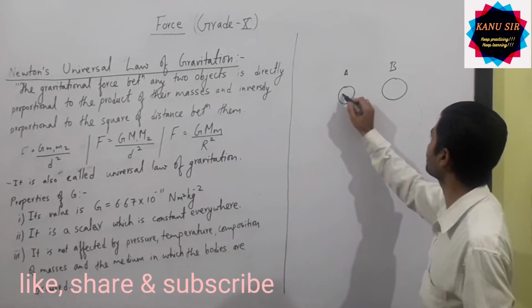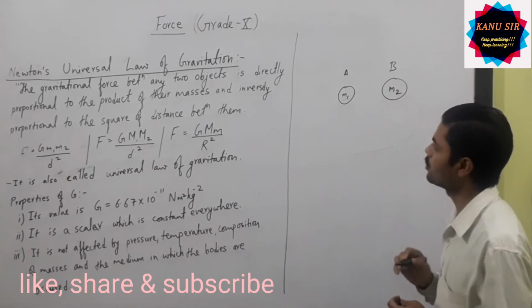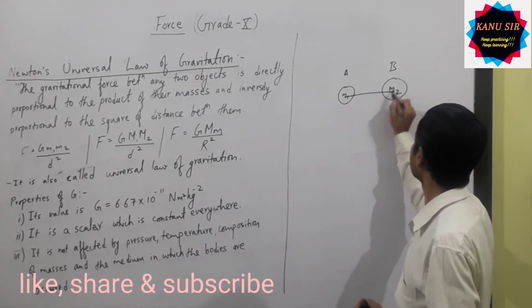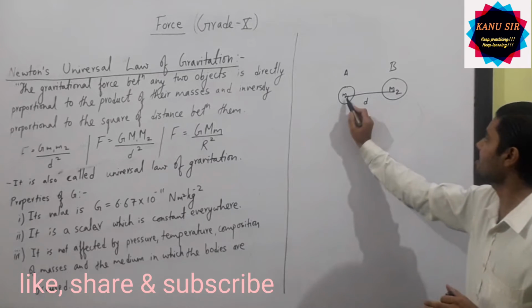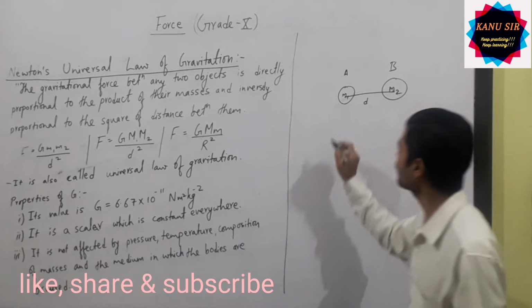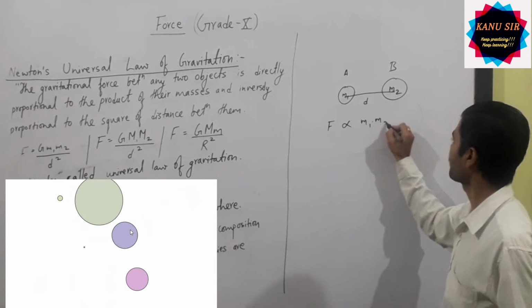Let us assume the mass of A is m1 and the mass of B is m2, and the distance between them is d, taken from their centers. The gravitational force is directly proportional to the product of their masses.